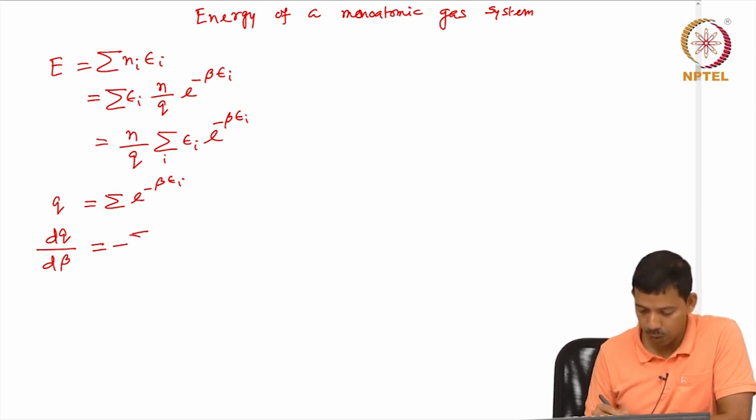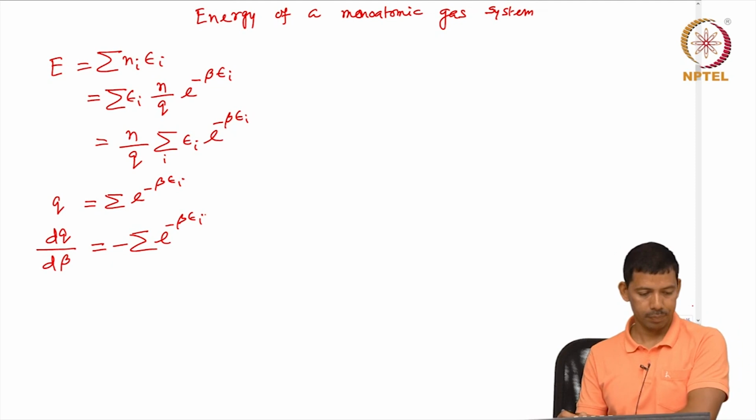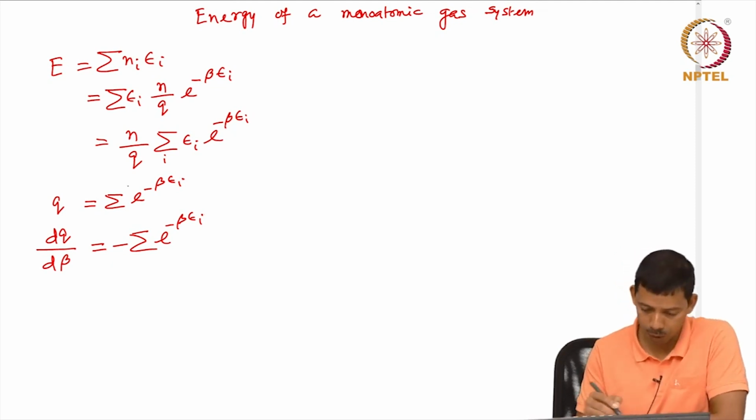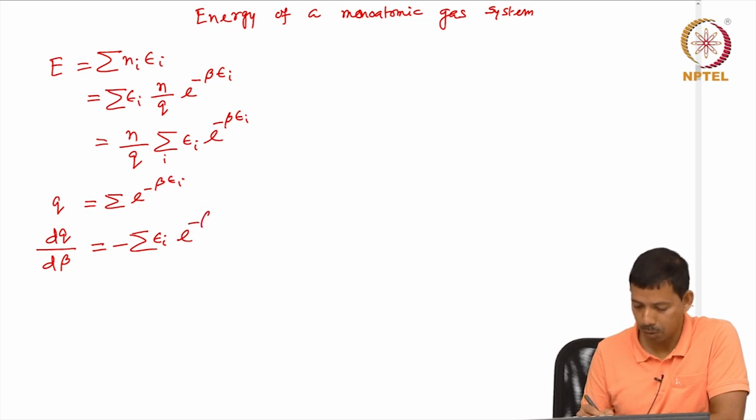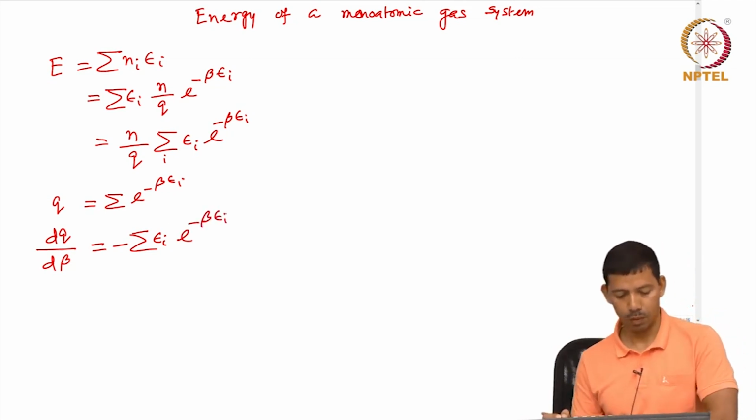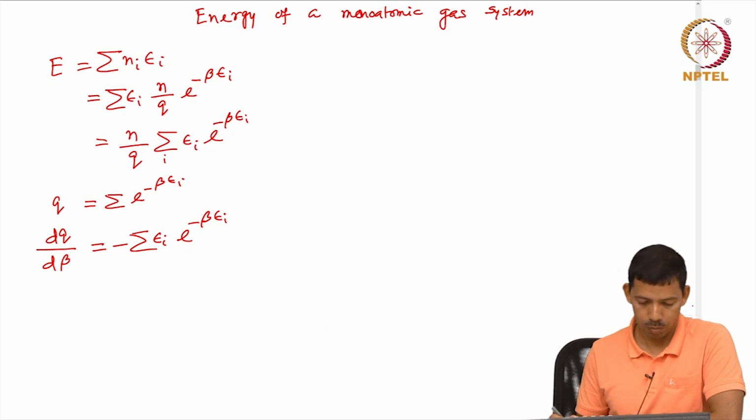So essentially we get minus e to the power minus beta epsilon i, and one epsilon i would also come. So it would be minus epsilon i e to the power minus beta epsilon i. That's your dQ d beta.